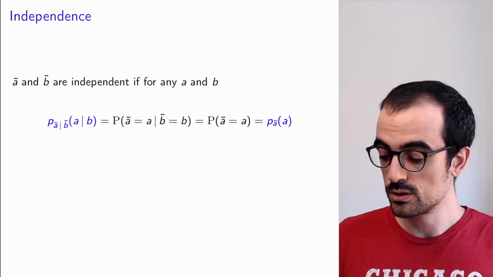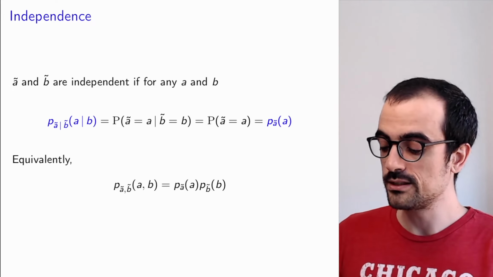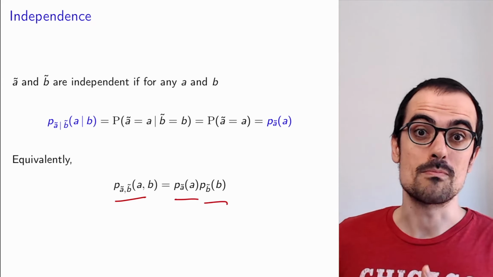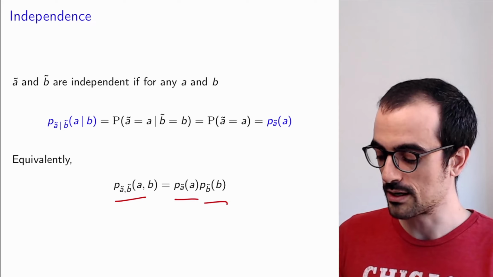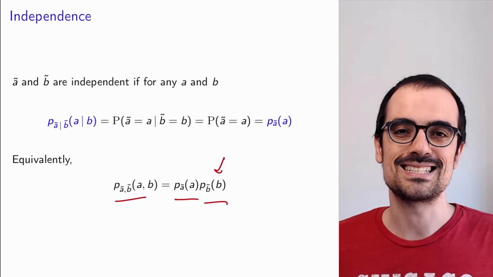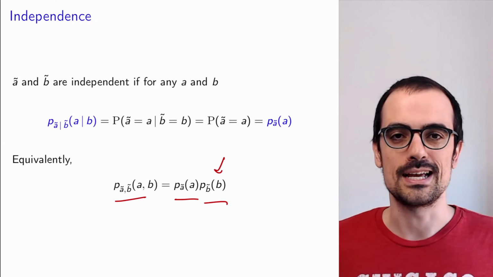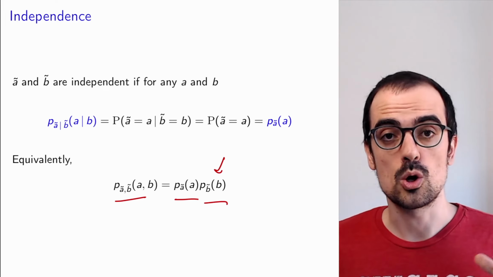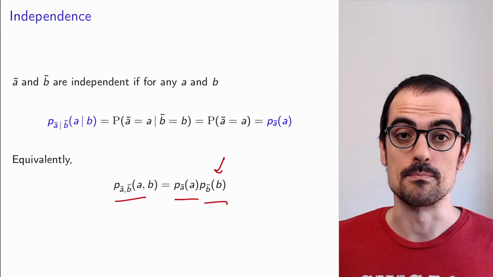Equivalently, by the chain rule, this means that the joint PMF factors into the product of the two marginal PMFs. Usually we would have one conditional here, but the conditional is the same as the marginal. So this captures independence for random variables. This has to hold for all possible values of A and B.